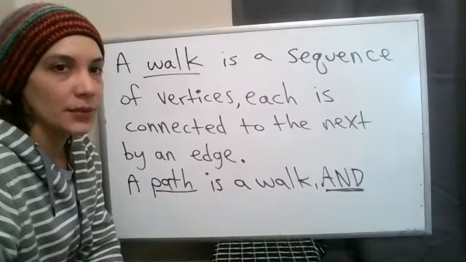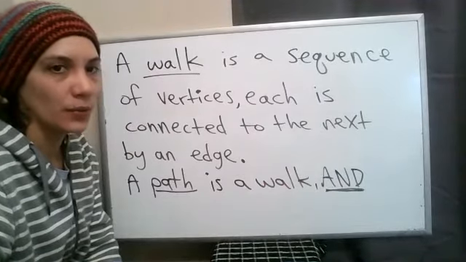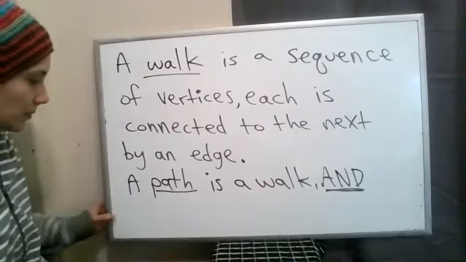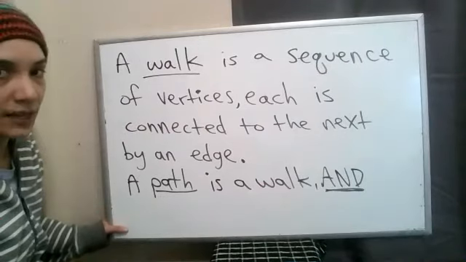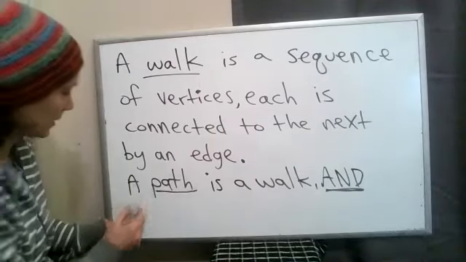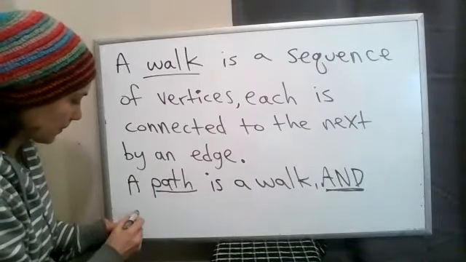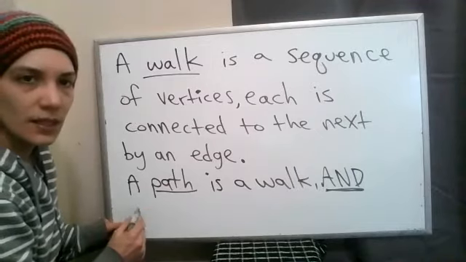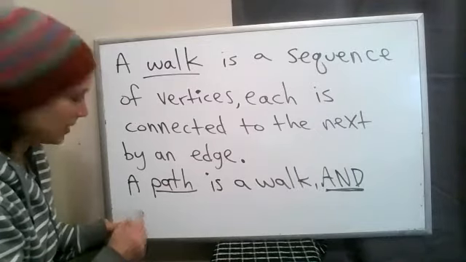It does not reuse an edge more than once. Or you could say every edge is used one time. But I'm going to go with the other one. Does not reuse an edge.